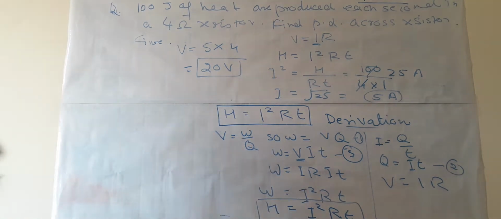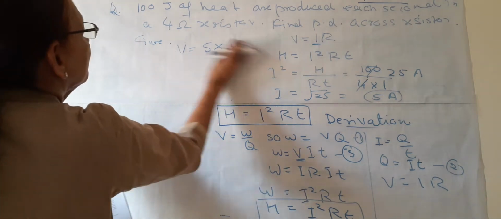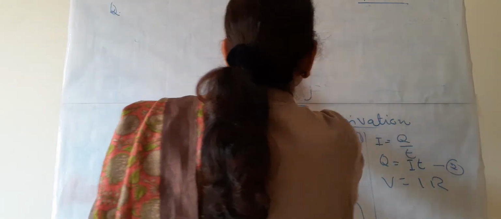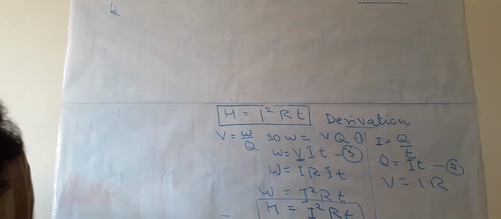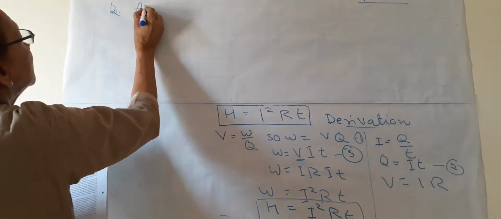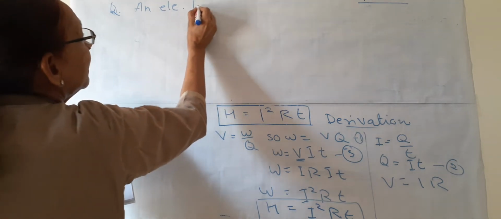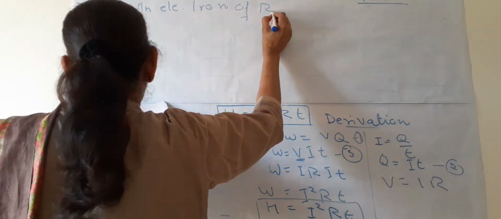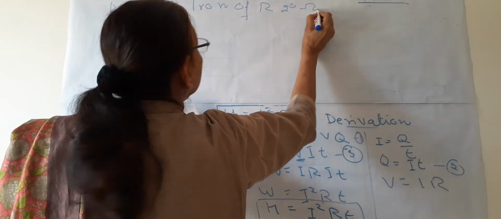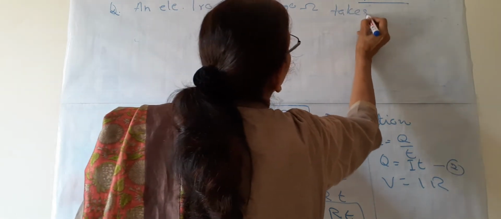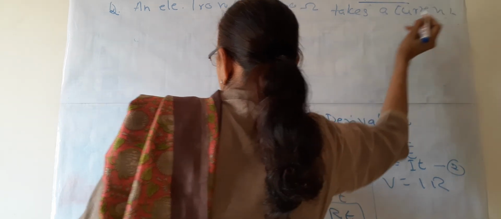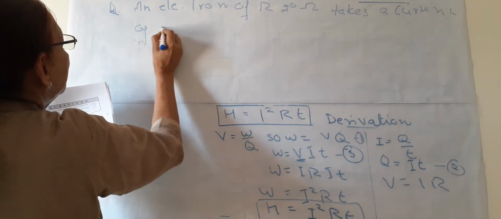One more we can do. The second numerical is: an electric iron of resistance 20 ohm takes a current of 5 ampere.